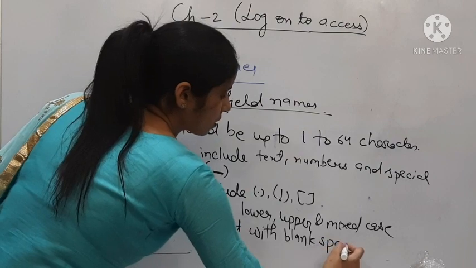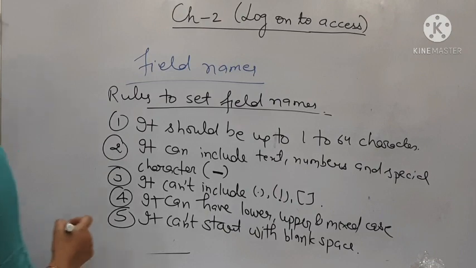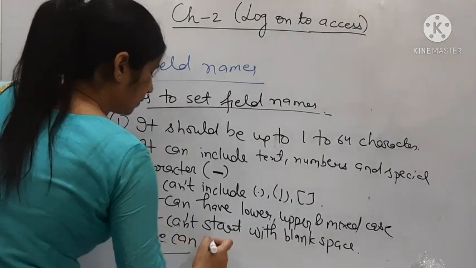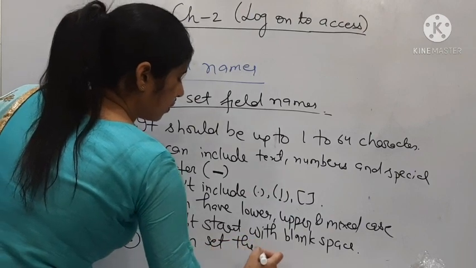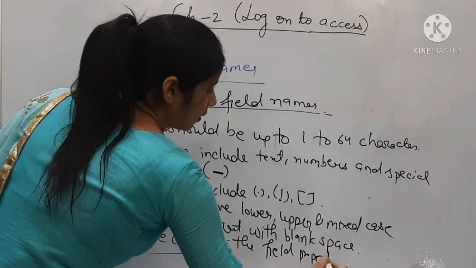If we are going to start a field name with the help of the space, it can't start with the blank space there. Okay. What is the last one? We can set the field property also.